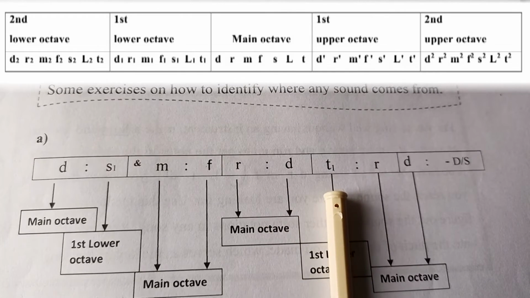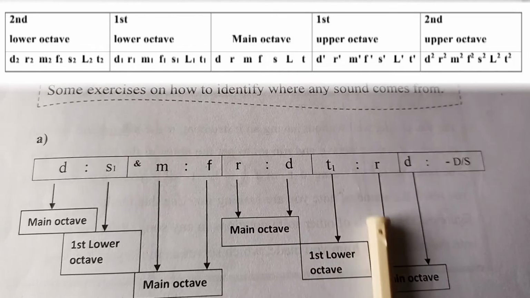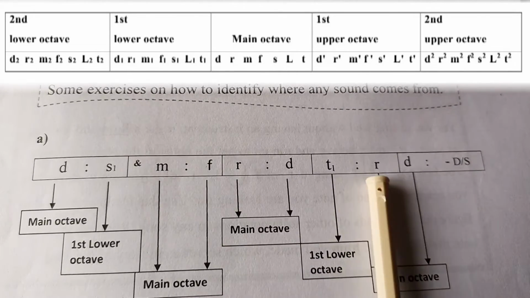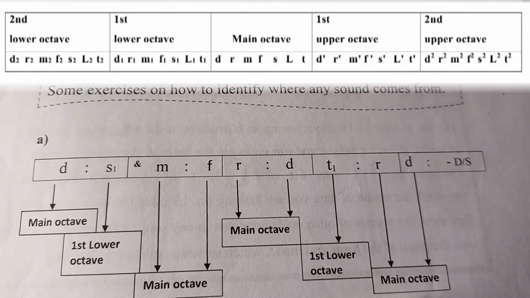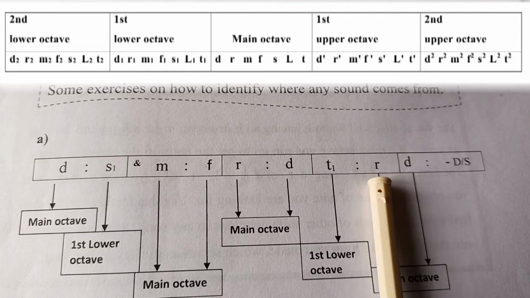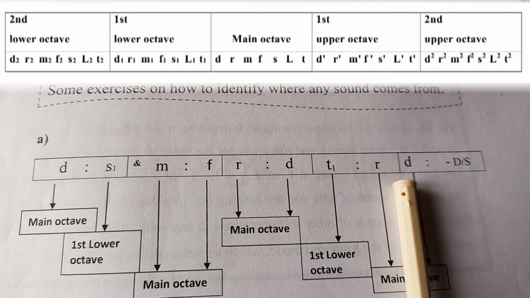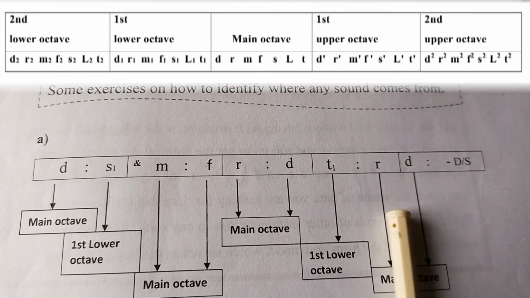This one has 1 in front of it. You check the front, is this down or up? So this one is from first lower octave. So re, there is no sign of 1 or 2 in front or up, so it's from main octave. So the ones that don't have a sign of 1 or 2, since we are using first and second, are from main octave.